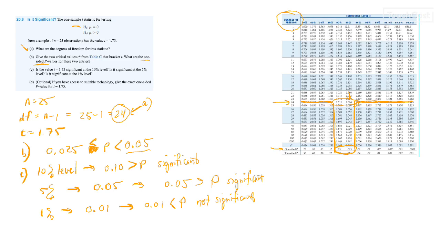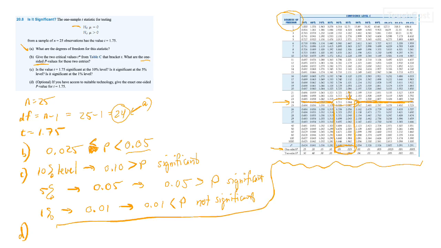Part D asks, if you had some software and you could accurately calculate the exact one-sided p-value for t equals 1.75, how would you do it? We could do this pretty easily, actually. I created a spreadsheet in Google Sheets, but I think this would work in any spreadsheet program.